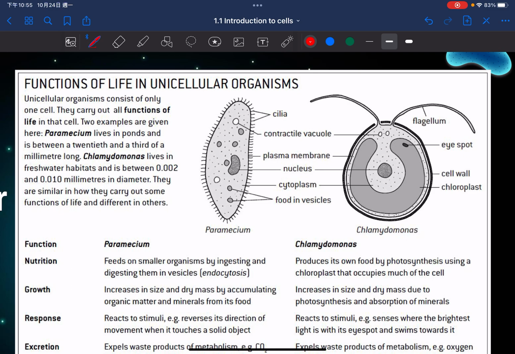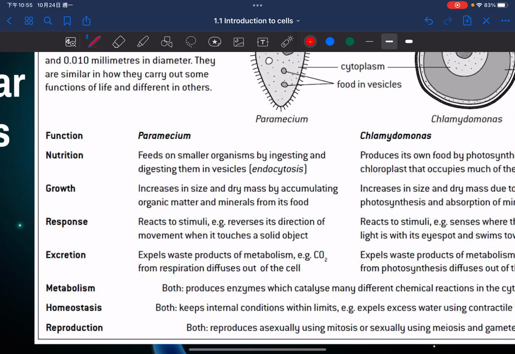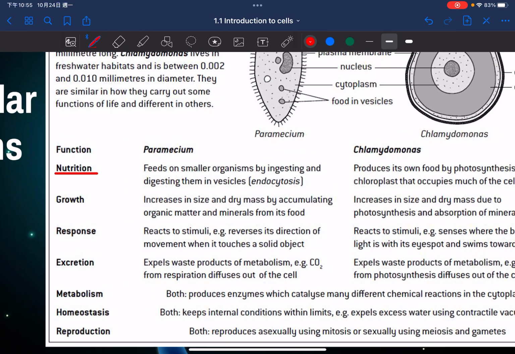For example, let's see the paramecium. The first function is nutrition. What's nutrition? That means how it can get nutrients from the environment, or do something to produce the nutrients for itself. Paramecium is a kind of heterotroph. In the future, I will explain that to you.